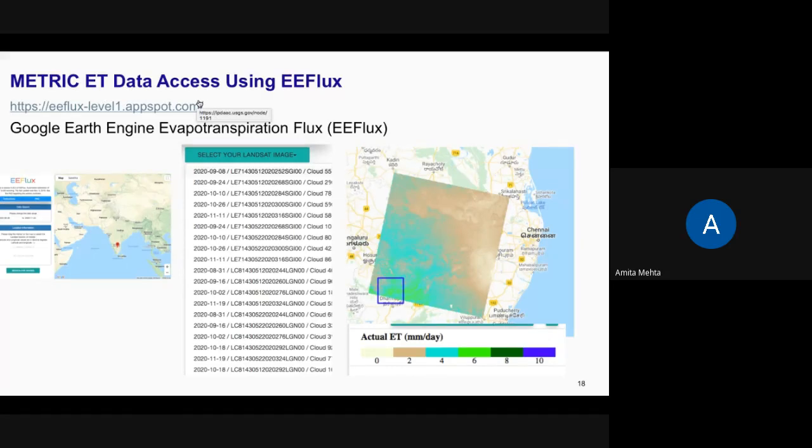And here's just an example I was looking at yesterday over India, where you can pick a Landsat tile and calculate evapotranspiration in millimeters per day from this METRIC evapotranspiration data, which is available on Google Earth Engine. So this is a quick look, and you can also download this data in your own region if you're interested.